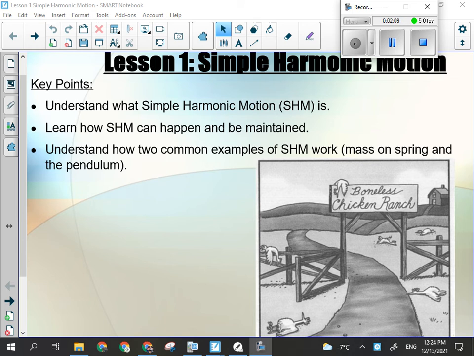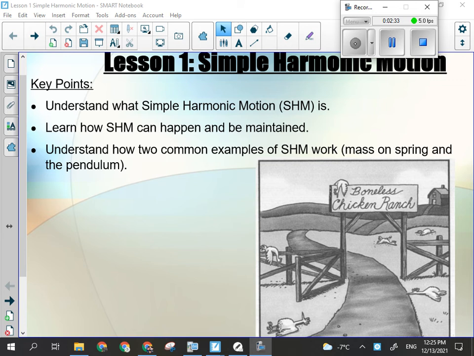Now that's the weird thing about simple harmonic motion: it cannot exist without a restoring force, without a force that tries to restore equilibrium. The problem with all restoring forces is they fail and succeed and fail and succeed over and over again. They do succeed in bringing the object back to the equilibrium position.